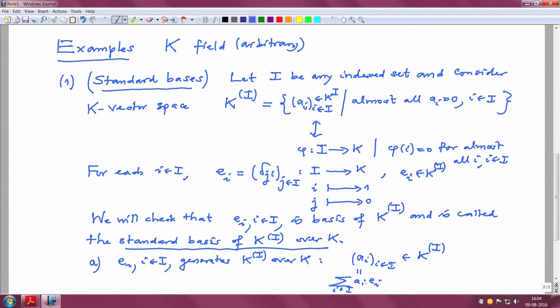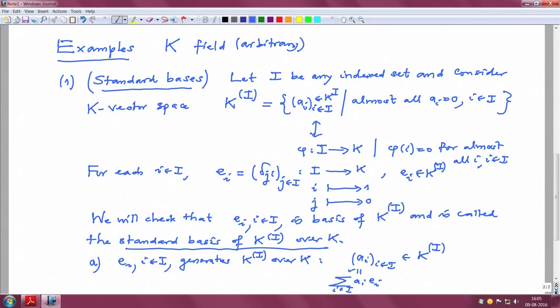And secondly, when you expand it and compare the components, it is clear that the ith component in this right hand sum is a_i, which is the ith component in the tuple (a_i) also. So, these are equal, and this precisely means that any tuple in k power (I) is a linear combination of the elements e_i. Therefore, it generates k power (I).